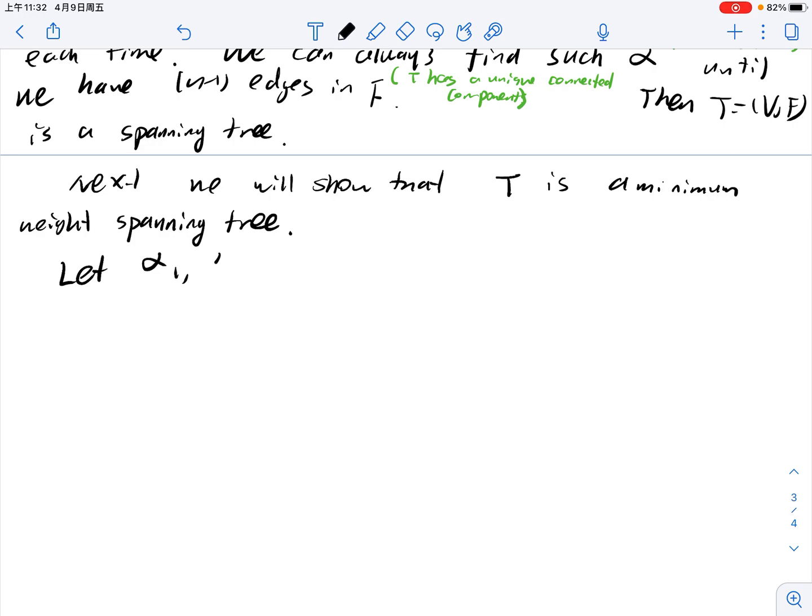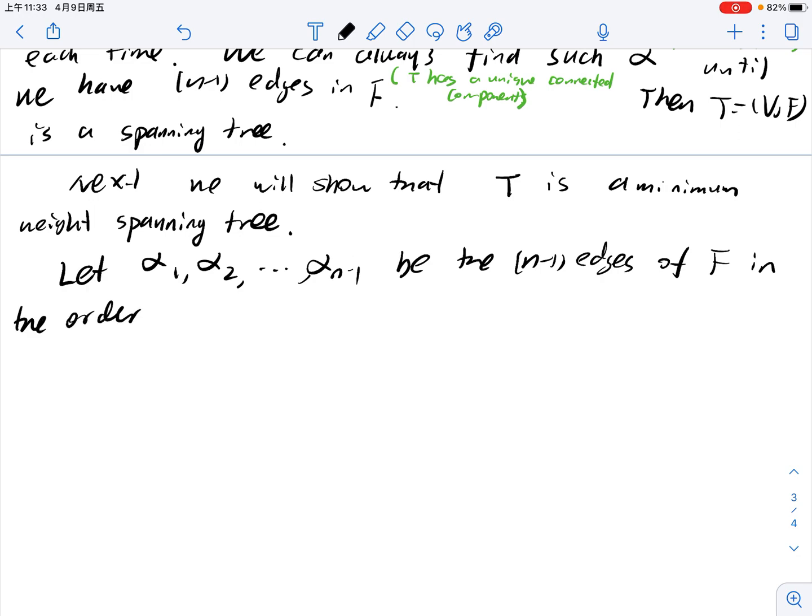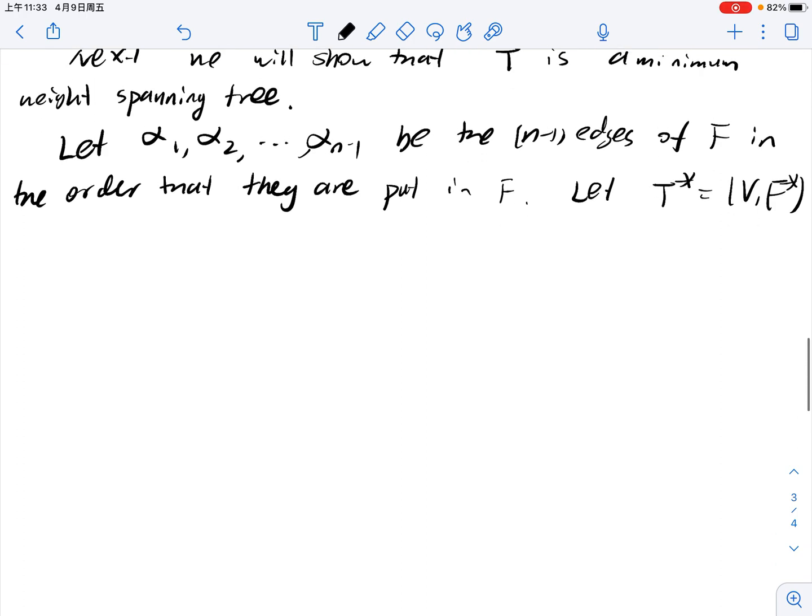So let alpha 1, alpha 2, ..., alpha n-1 be the n-1 edges of F. So F is an edge set of T in the order that they are put in F. Let T star be (V, F star), a minimum weight spanning tree.